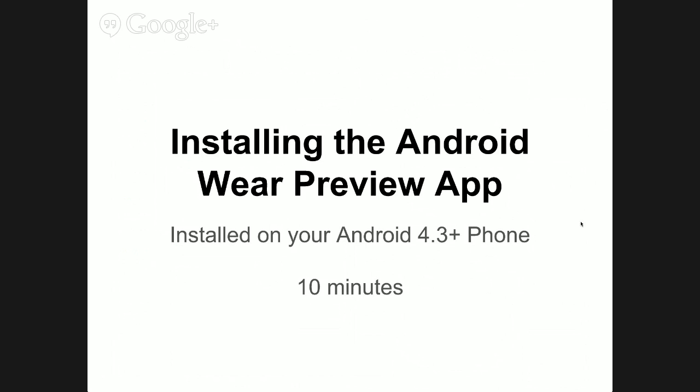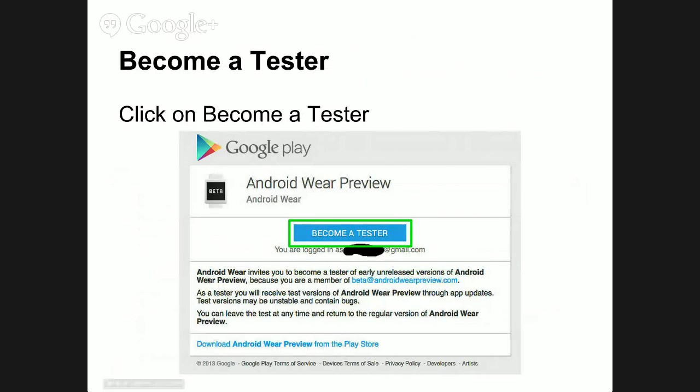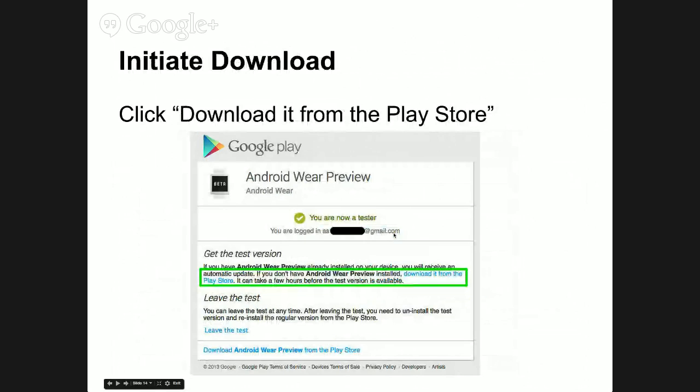Okay, so installing the Android Wear Preview app. From the email, you just click here on the opt-in to become a tester, and then it will load a page, and just say become a tester, and there's a link here. You click on it on your phone. Actually, you don't have to do it on your phone.